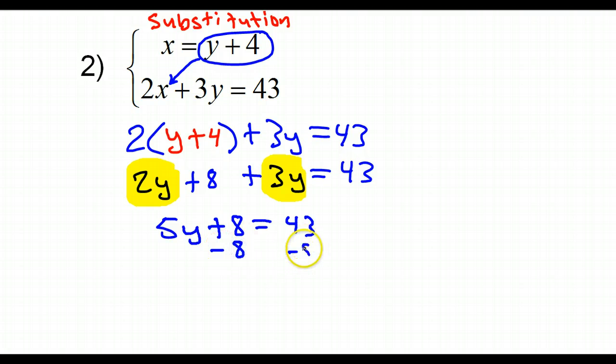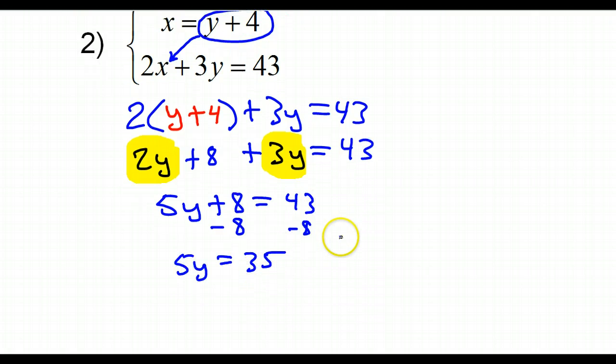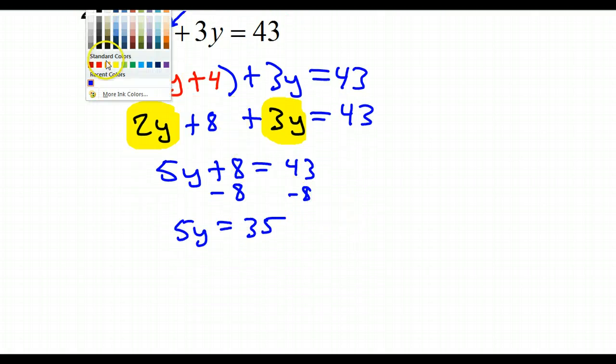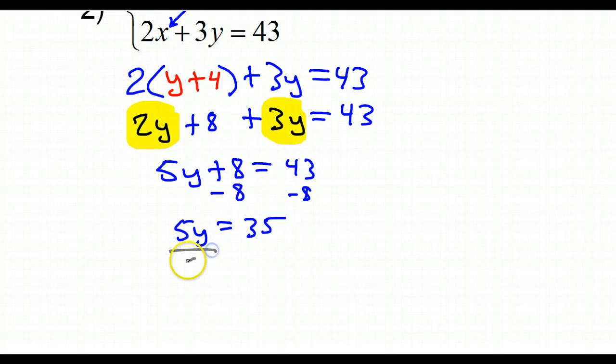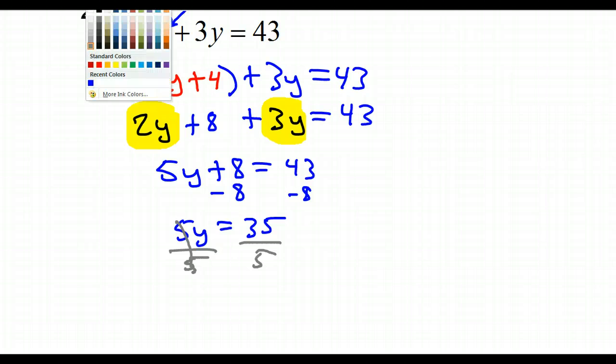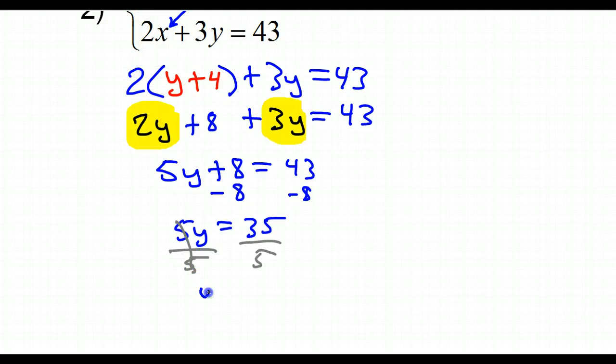Subtracting that 8 is going to give me 5y is equal to 35. Time to divide. Okay, dividing by 5 gives me y is equal to 7.